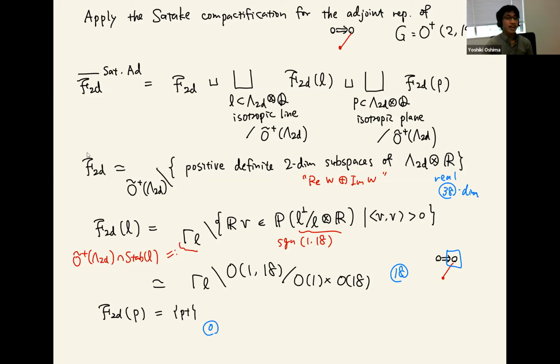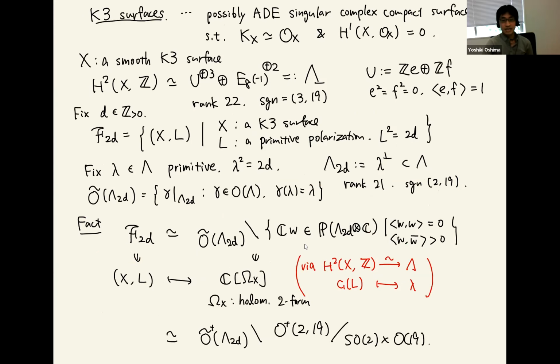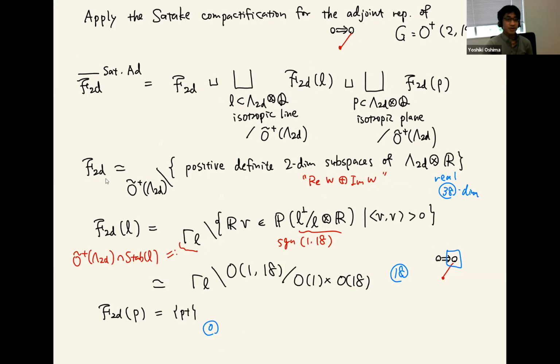The interior F2D is defined as a subset of projective space. But if you choose a real part and imaginary part, then we get positive definite two-dimensional subspaces of this real space. And this F2D has complex dimension 19, so the real dimension is 38.